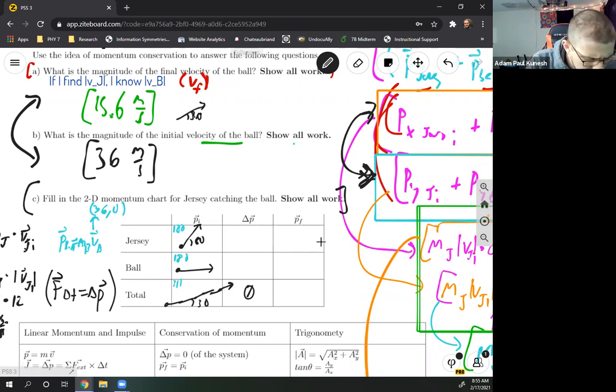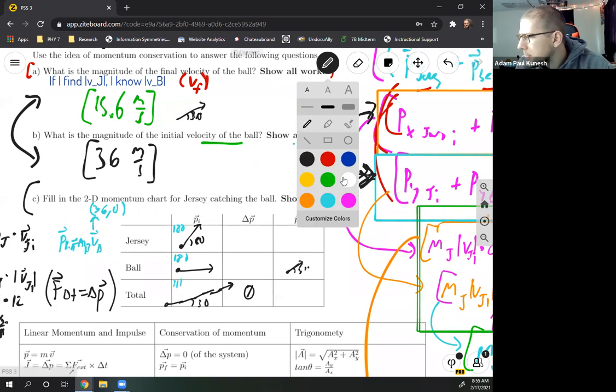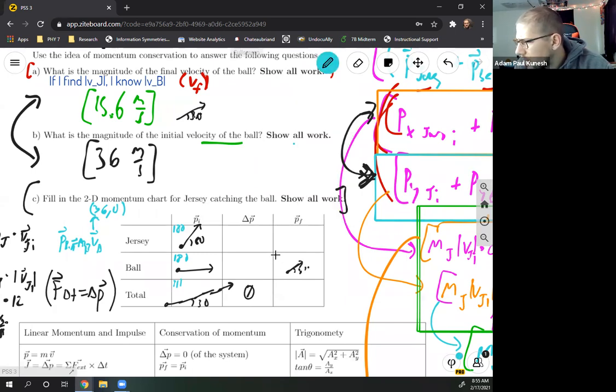So 15.6 for that final velocity of the ball times 5 kilograms for the mass of the ball. That gives me 78. It has a length of 78, which is a bit shorter than it was before. This should be for the ball, my bad. 78. And it is angled 30 degrees above the horizontal. So the ball's momentum has decreased in magnitude.